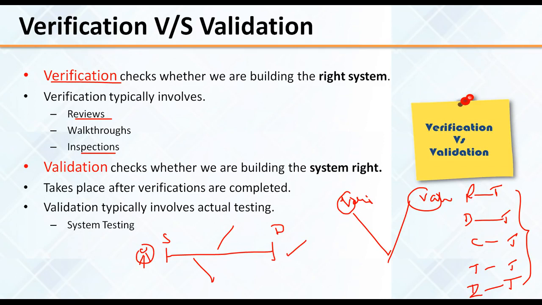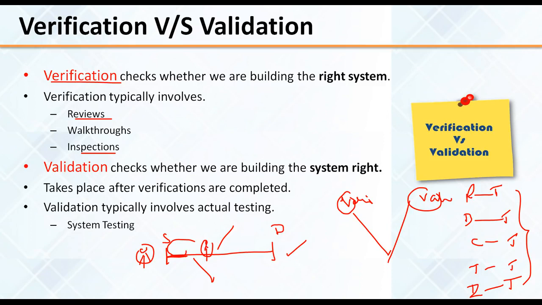So what is verification here? I have started here, and I have come till here. Before coming here, I need to check whether I am going on the correct path or not. Once I reach here, again I need to check whether I came on the right path or not. Whatever I have traveled till here, is that correct or not?